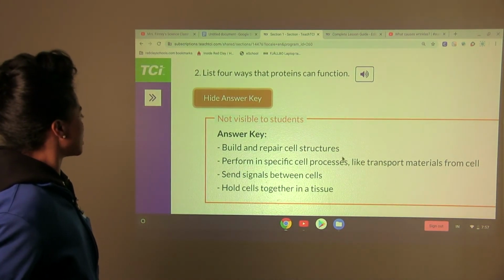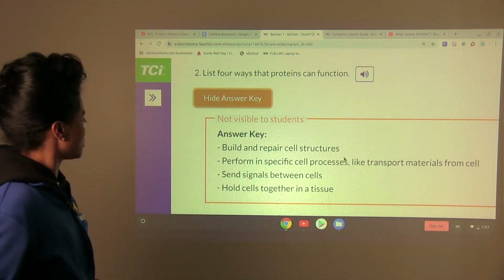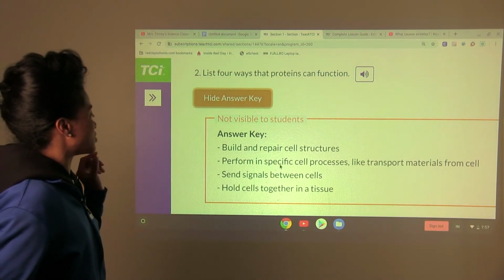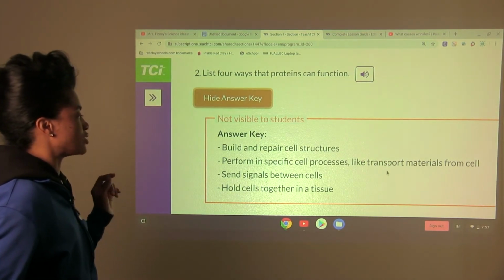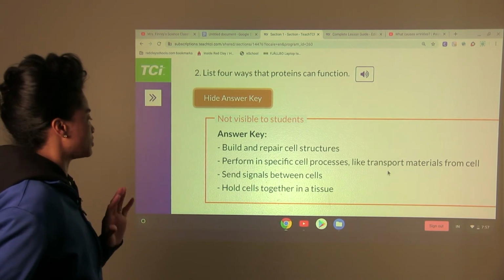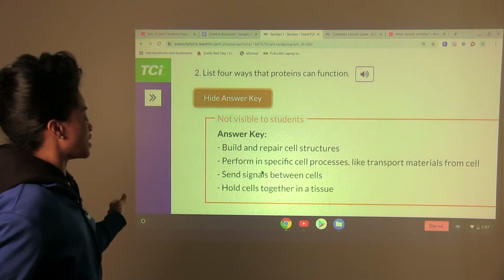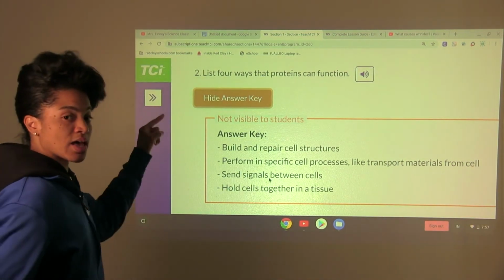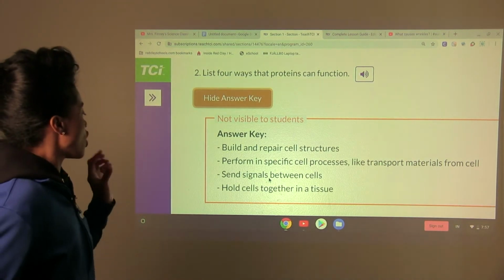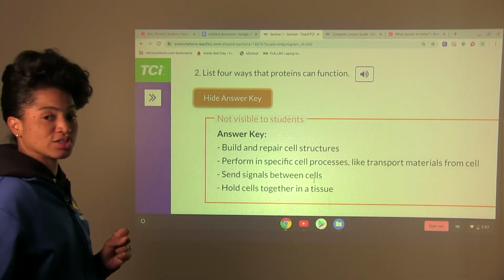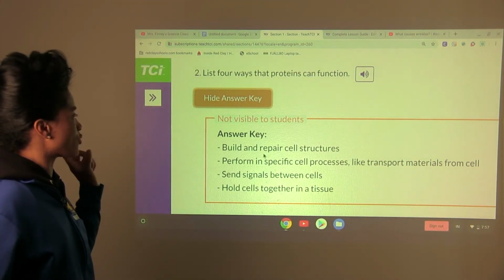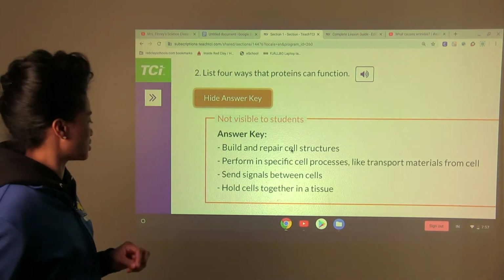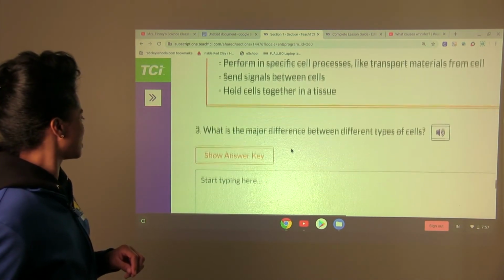Build and repair cell structures. Perform specific cell processes like transport materials from cell. Send signals between cells. Hold cells together in a tissue. 4 functions of proteins. Big jobs.